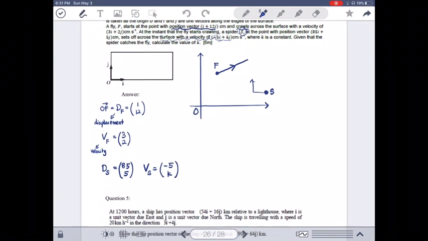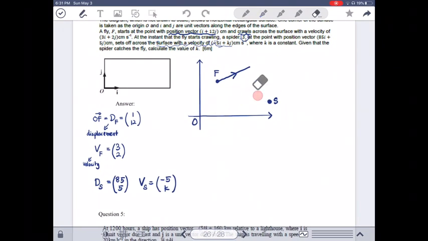So it means it's moving to the left and going up, sort of like that, the movement of the spider, right?